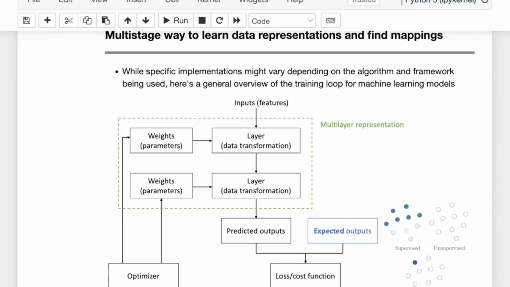And this allows us now to send this information to some optimizer that can update the way that we transform the data. So usually these data transformation layers have some weights or coefficients, and this optimizer tells us how to update the way we do those transformations.